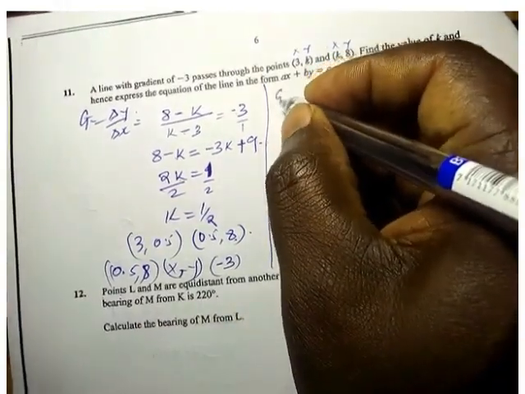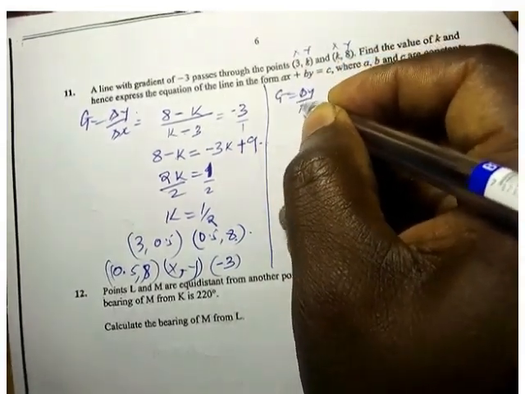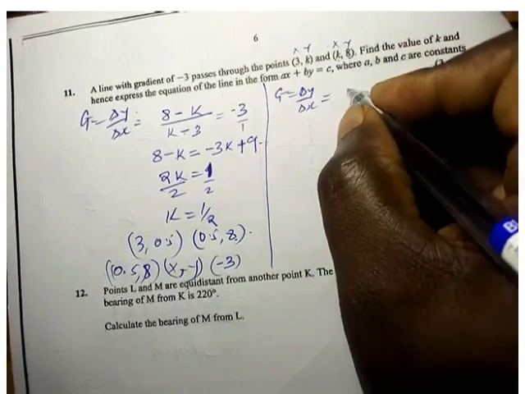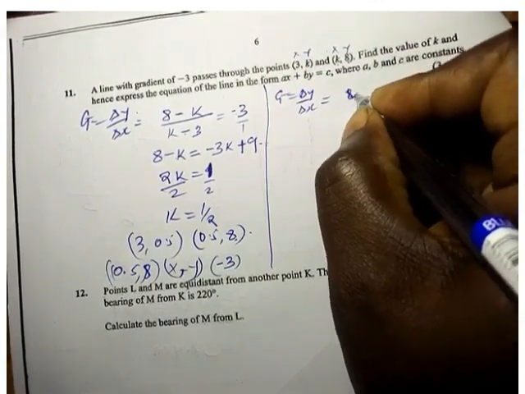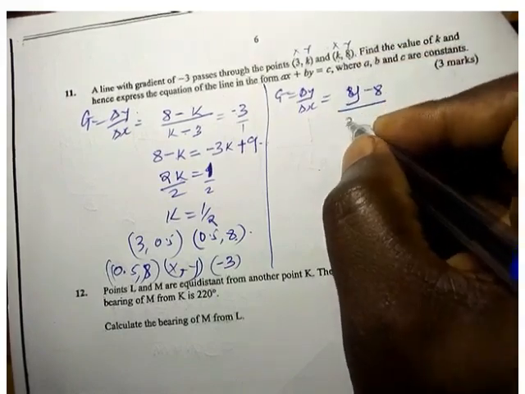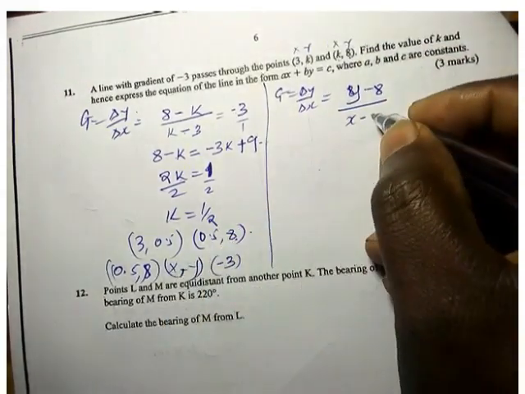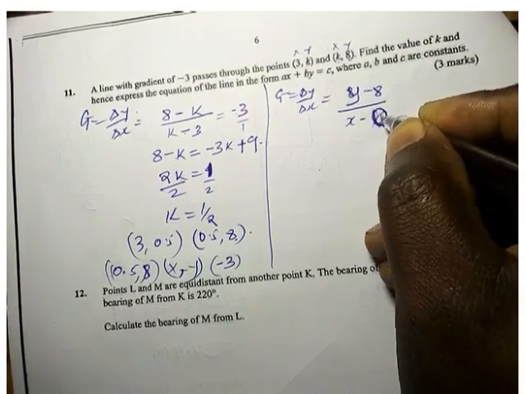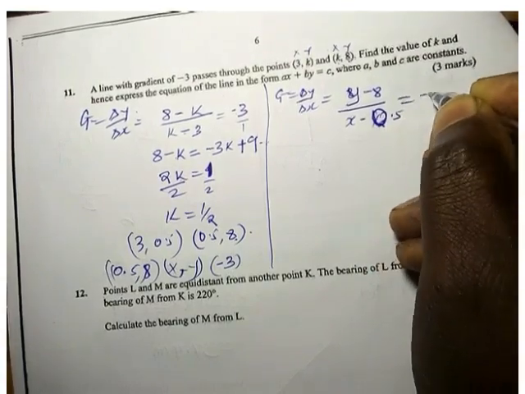But I know the gradient is equal to change in y over change in x. So now my point is 8, that is y minus 8 divided by x minus 0.5, or a half, minus a half or 0.5. And the answer is negative 3.